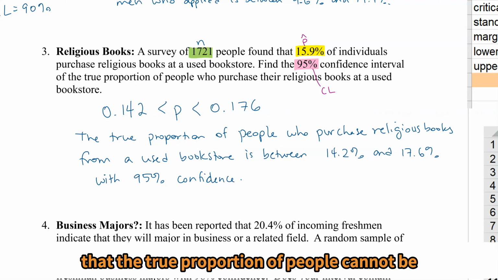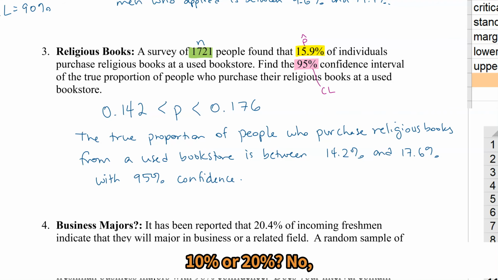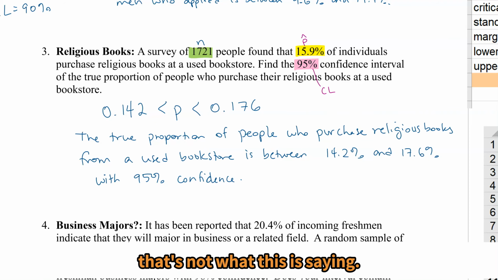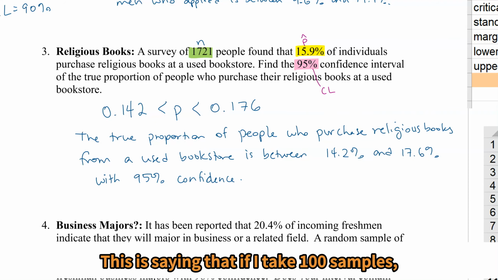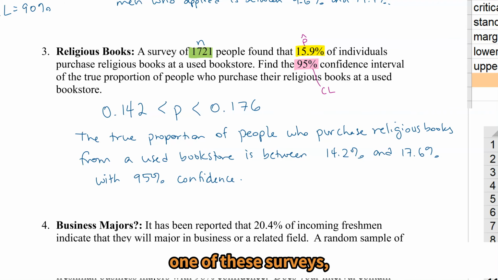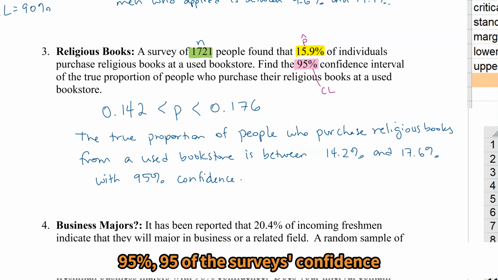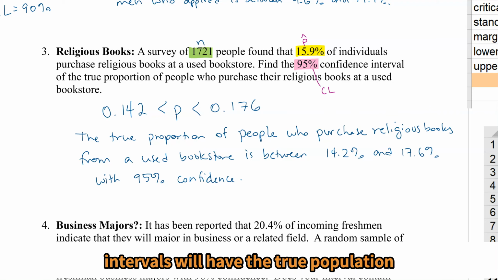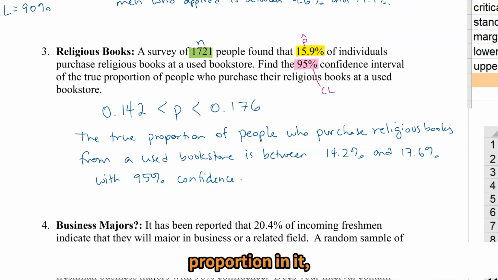Does this mean that the true proportion of people cannot be 10% or 20%? No, that's not what this is saying. This is saying that if I take 100 samples, 100 surveys, and I form a confidence interval for each one of these surveys, 95% of the surveys' confidence intervals will have the true population proportion in it, and 5 won't.